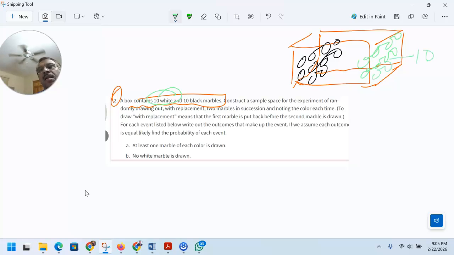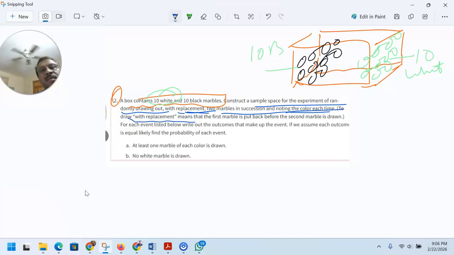Now you want to draw out something with replacement, 2 marbles in succession and noting the color each time.